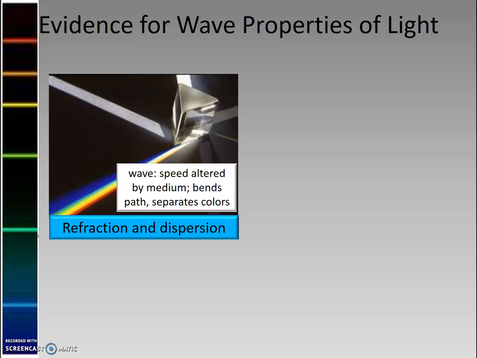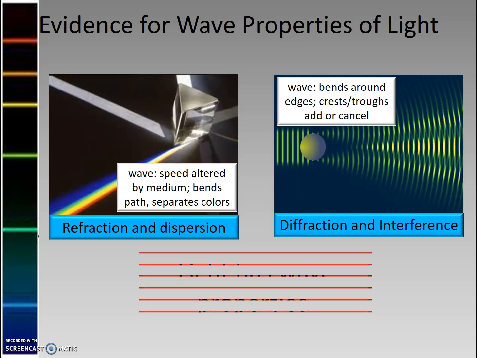The different waves inside of white light are bent at different angles and move at different speeds, and so we get the separation of colors. That white light actually had some blue and some green and some yellow inside of it. That's a property of waves, and so that's evidence that light acts like a wave.